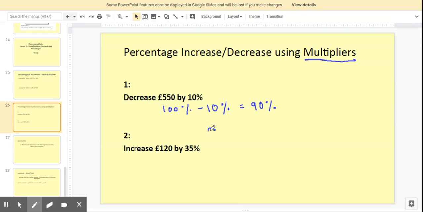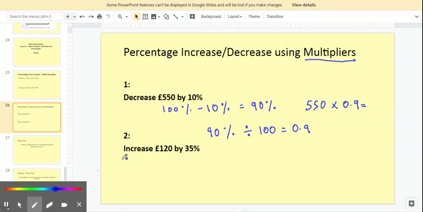And again, we change this into a decimal by dividing by 100 to give us 0.9. And then we're going to multiply the amount by 0.9. So in this case, we would end up with 495, and that is pounds.